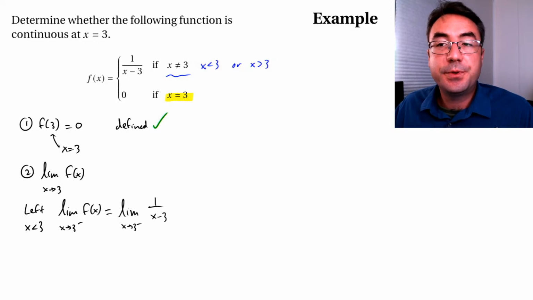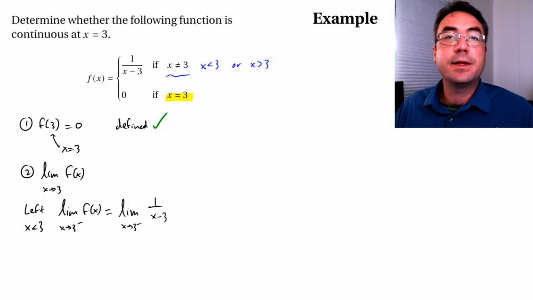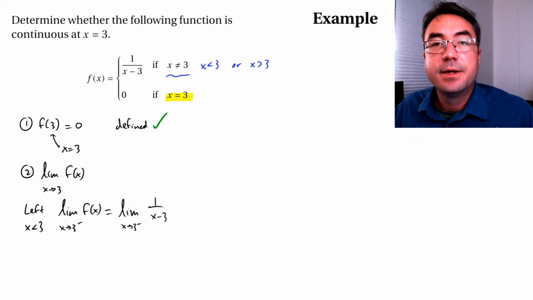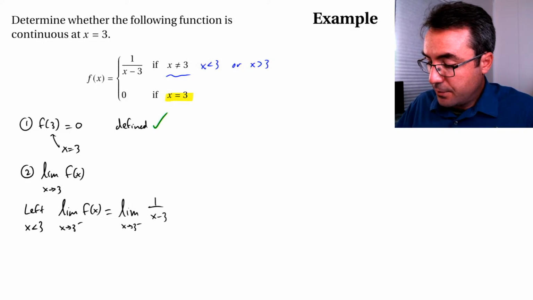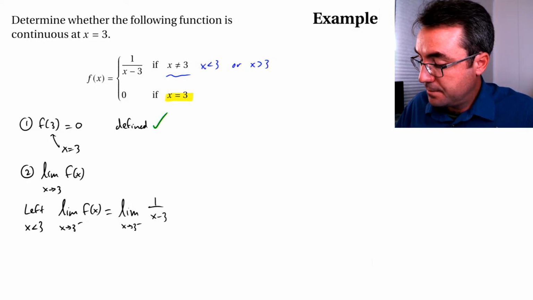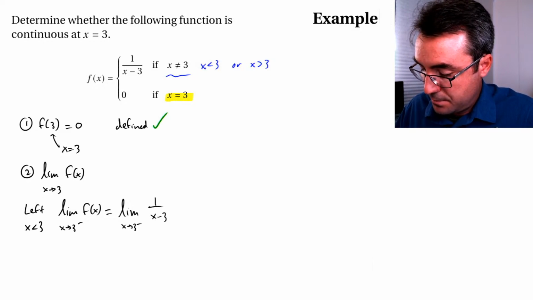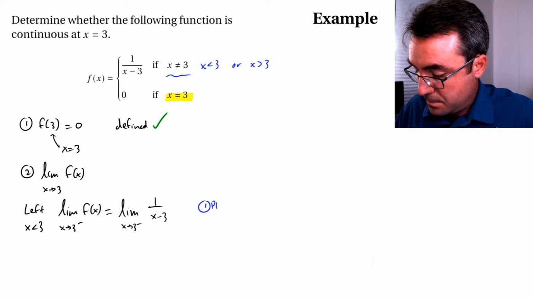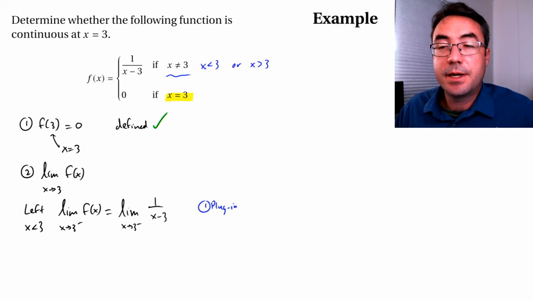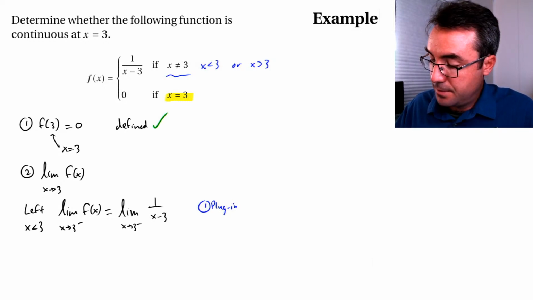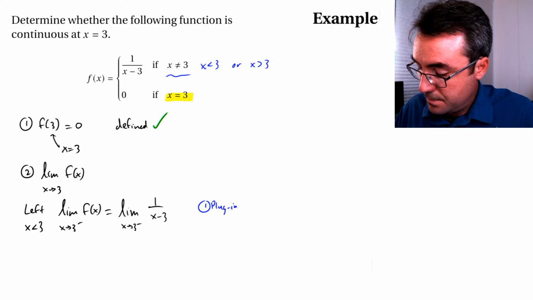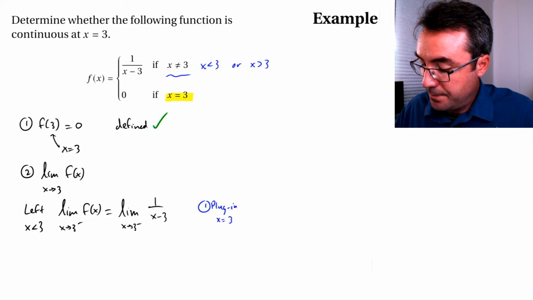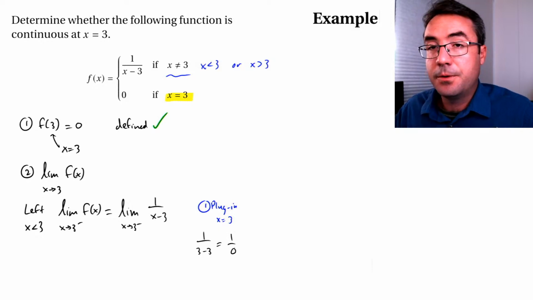So now we just do this limit like we've been doing in all the previous sections so far. First thing we try is just to plug in. So if we plug in x equals 3, what do we get? We get 1 over 3 minus 3, which is 1 over 0.